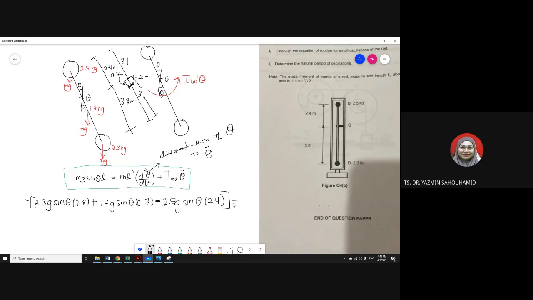Okay, this one will equal the equation on the right side, where the masses are all positive. 2.3, now the length is 3.8. Don't forget to square it.